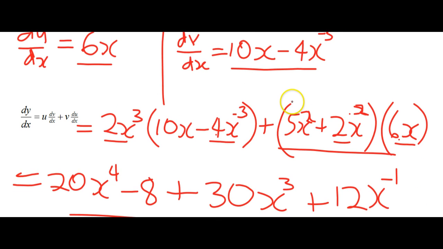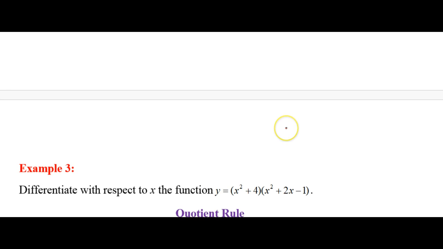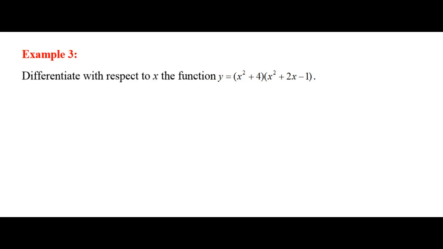Okay, so you try this example on your own. Example number 3. You can do this by expanding the whole of this if you want, and then later simplify and use the power rule, or you can let your u be this, v be this, and then use the product rule. So try your hand on it.